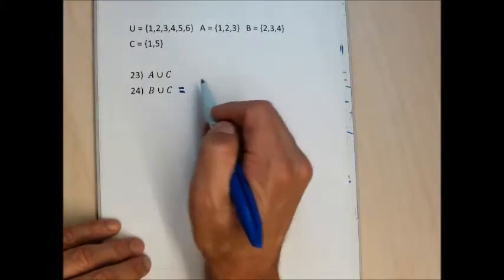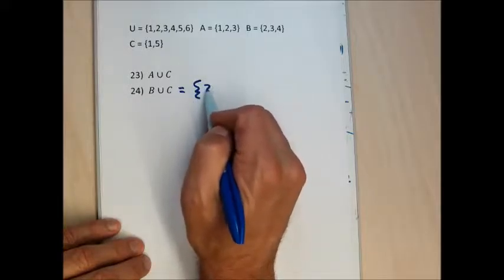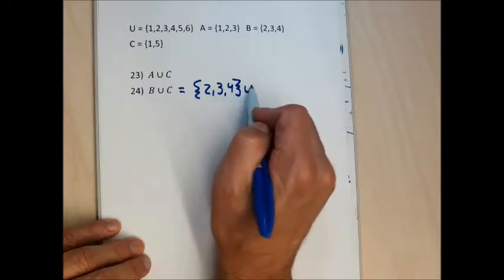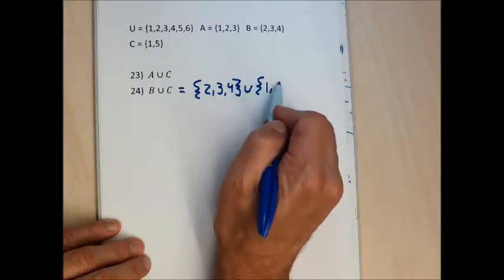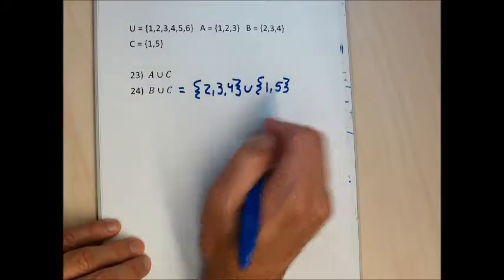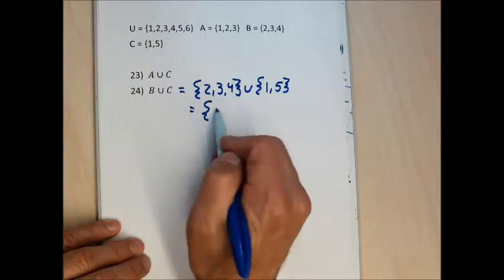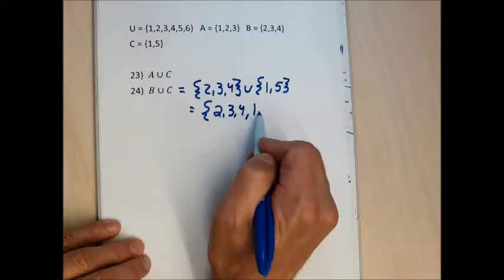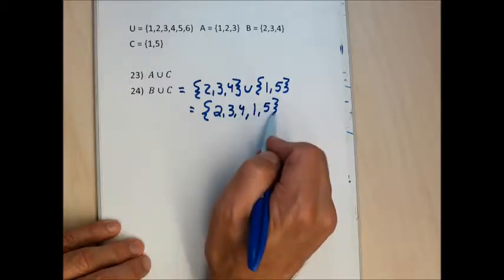24 wants me to take set B, which has the numbers 2, 3, and 4, and union that with the set C, which has the numbers 1 and 5. When I union two sets, I take every element in the first set and I write it down, followed by every element in the second set.